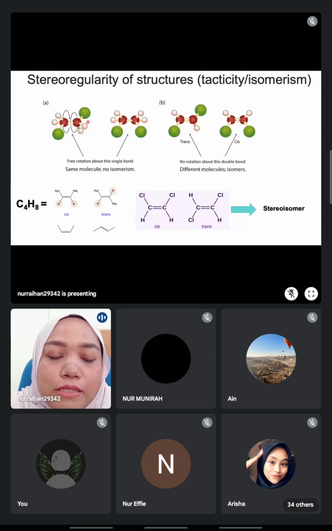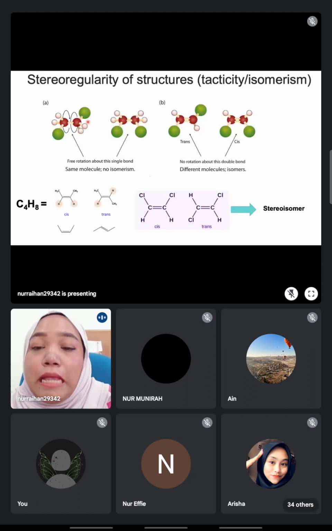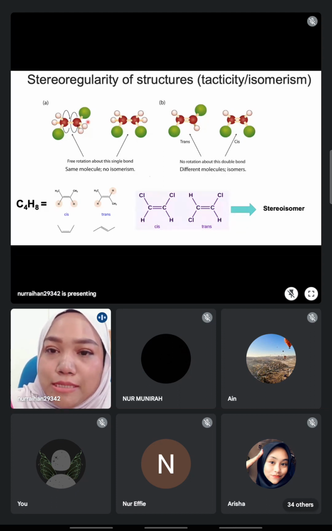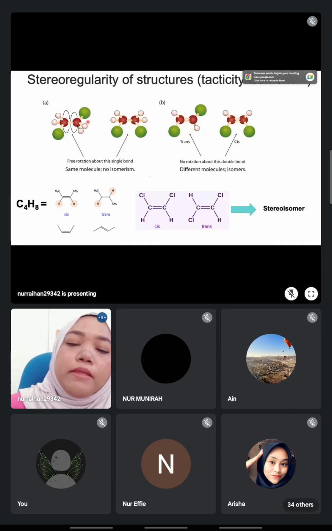So if the amount of the trans is more than the cis, the polymer will behave more towards amorphous, because when a polymer is high in trans structure, it will be amorphous. Meanwhile, if the polymer configuration is more towards the cis arrangement, we consider it a crystalline polymer.